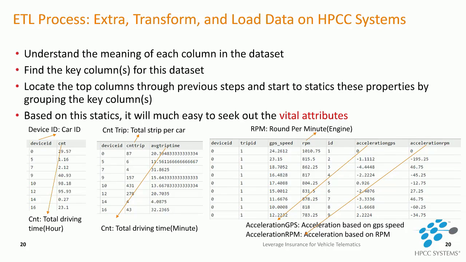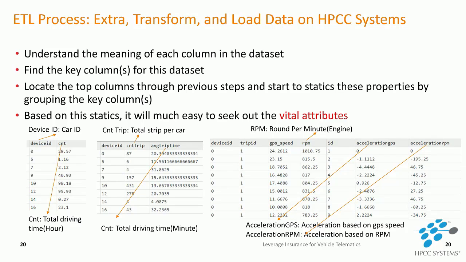In the left two charts, the unique column is the device ID, or we can say car ID. The CNT column in the first picture means total driving time for the car. In the center graph, the CNT trip column represents total trips for the car.